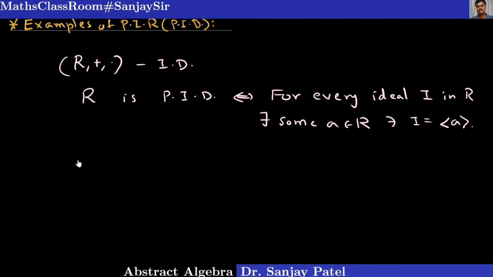Okay, let us see the first very important example of principal ideal domain, and that we are going to write as an important result or a theorem.